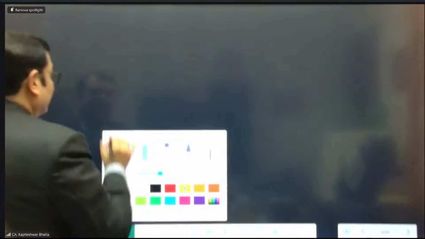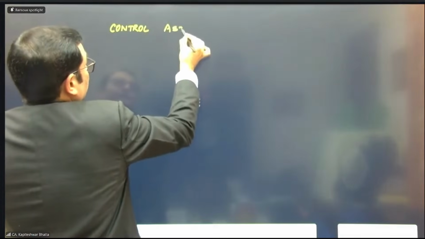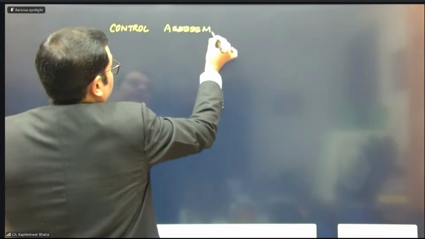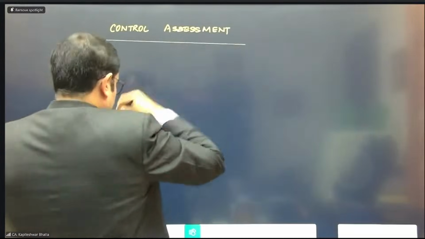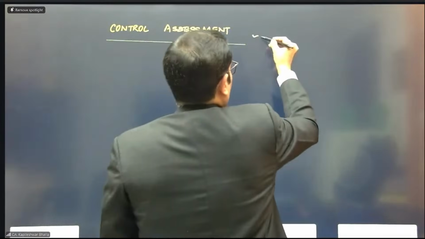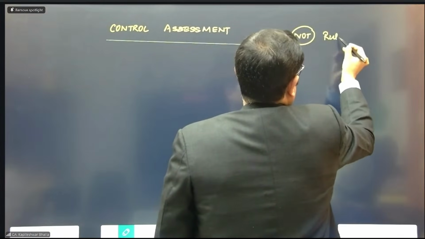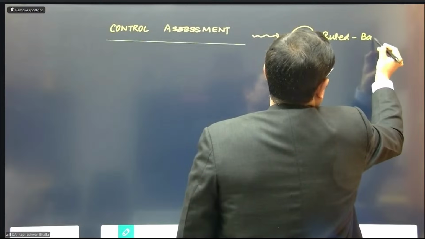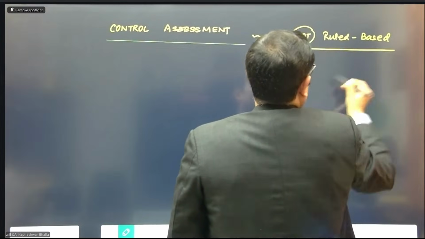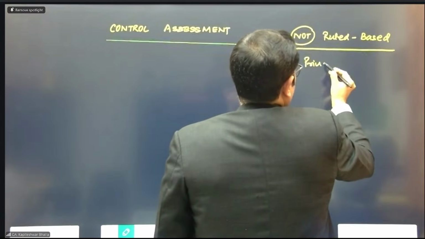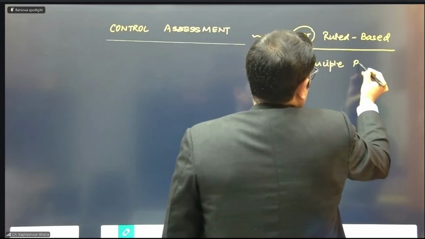So let's do one thing. Let's first map down the parameters of control. We are on the second part of block one, and that is called control assessment. Just to put it down again, when I say control assessment, what you need to keep in mind is that it is not a rule-based assessment, but a principle-based assessment.